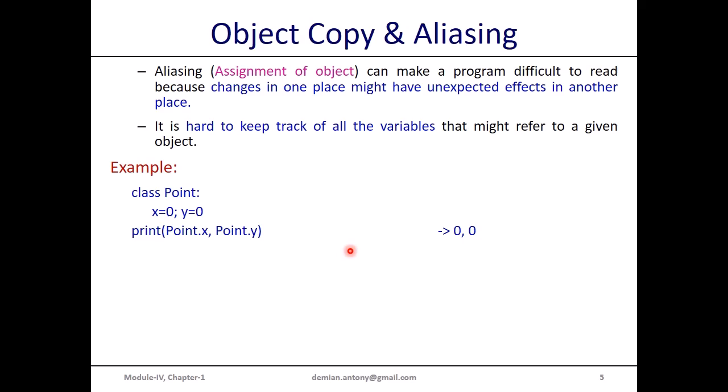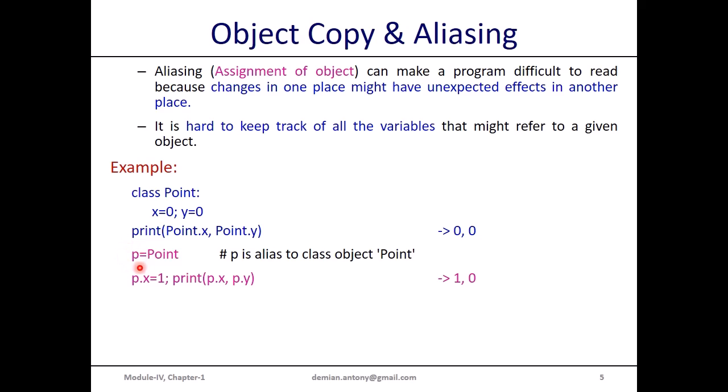Let me create one object, that is p, which is nothing but a reference. Remember, you don't find here a default constructor notation. It means that I am assigning this class object directly to p. This is the meaning of assignment of an object to a variable.